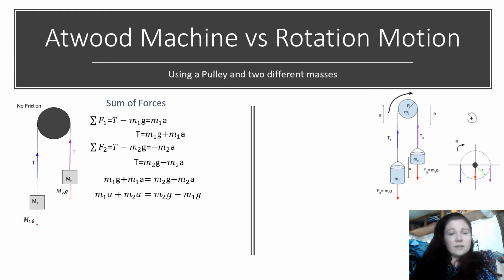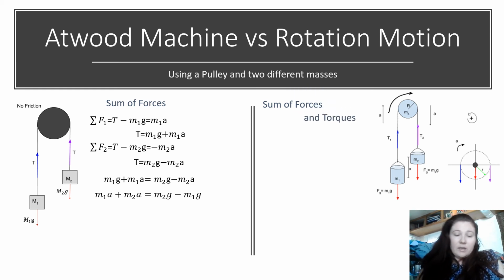So mass 1 times acceleration plus mass 2 times acceleration is equal to mass 2 times gravity minus mass 1 times gravity. Now we can see that using rotational motion, we use the sum of the forces, but we also use torques. I just brought over the problem that we used in the previous slide.